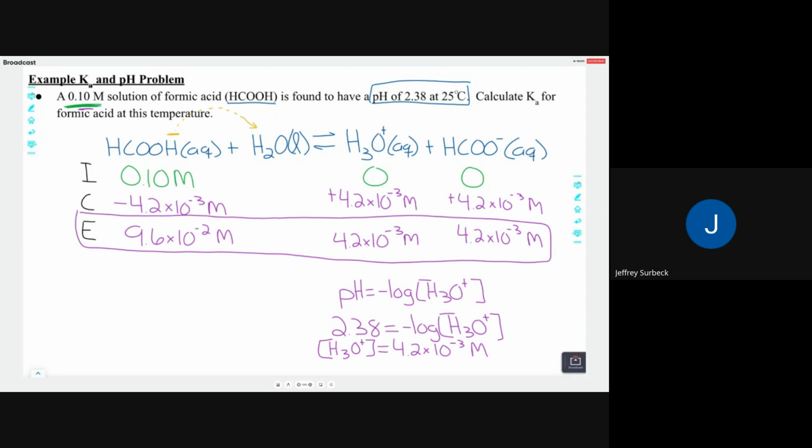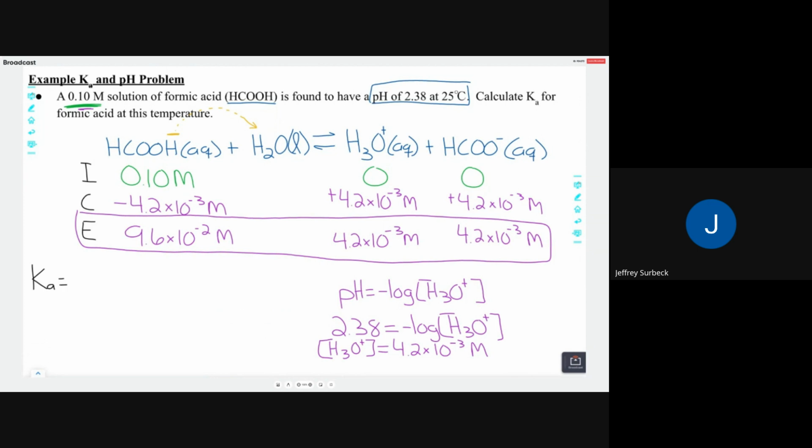What we need to think about now is K. And I'm going to rewrite this just so you can see it. With our K, remember it's Ka because we have an acid, okay?